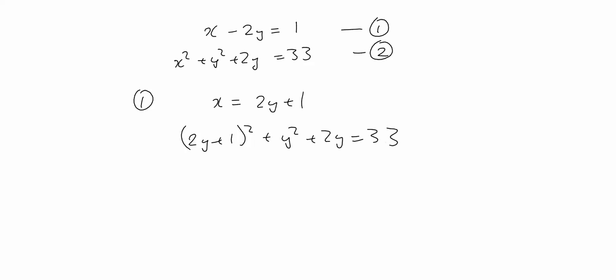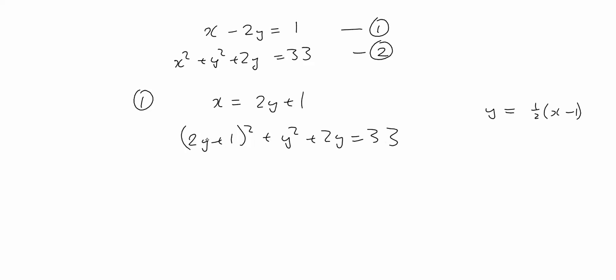It would have been possible to write, on the other hand, y equals a half x minus 1, and then substitute that into the equation 2, but that would mean substituting in 2 places, so slightly more complicated.